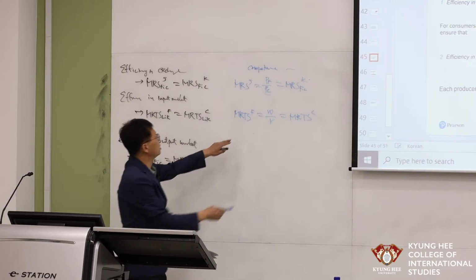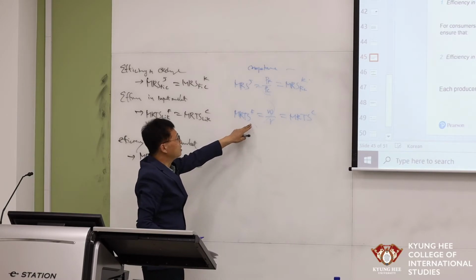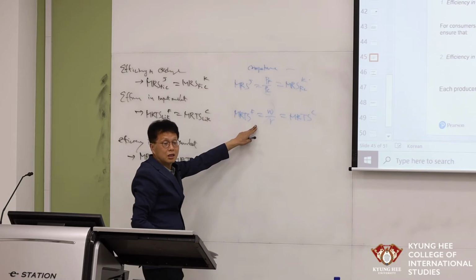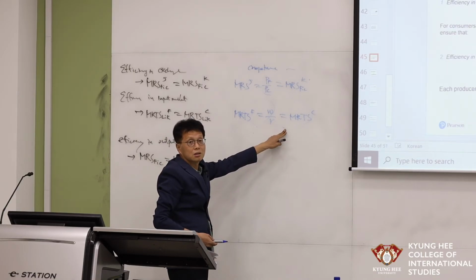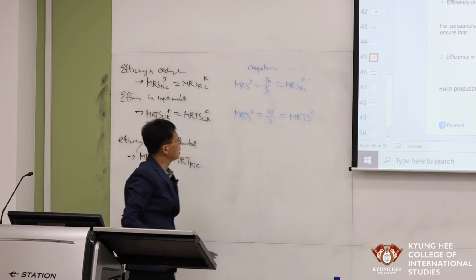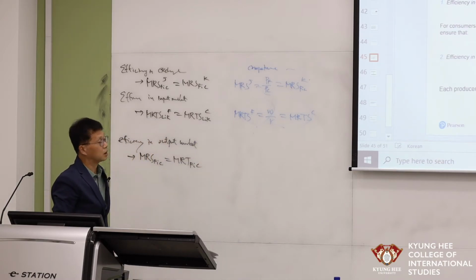And we know that this is a cost minimization condition, equilibrium condition in cost minimization of food production, right? And that is first order condition of cost minimization in clothing production, right? Achieved simultaneously. Then competitive efficiency in input market. Can you understand?